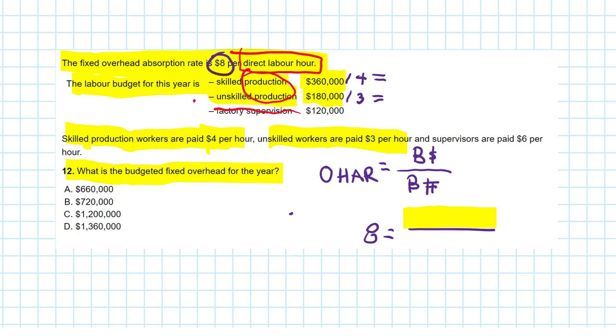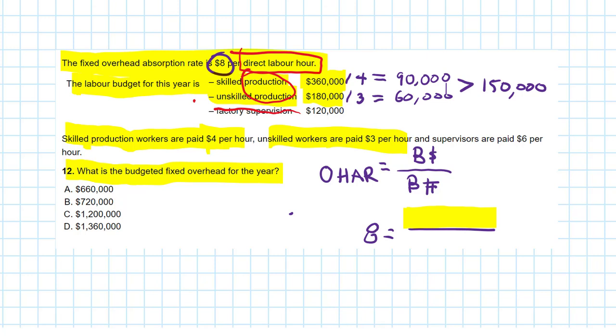36 divided by 4 would be 9, or 90,000 hours. 180 divided by 3, well, that would be 60,000 hours. And the total of those would be 150,000 hours.